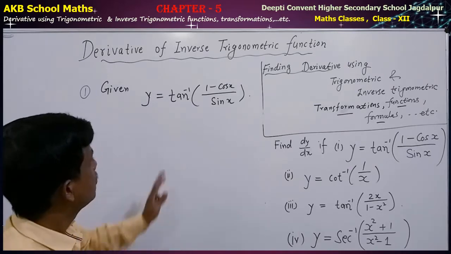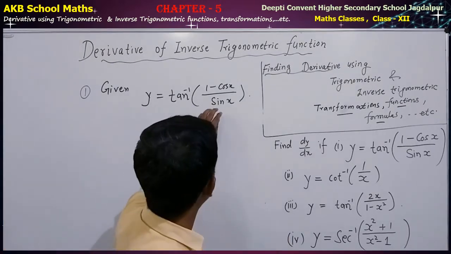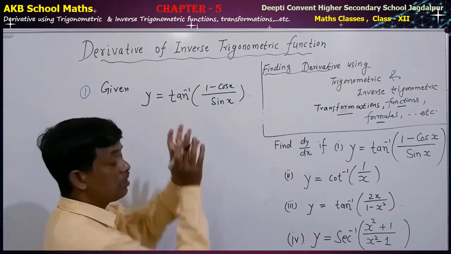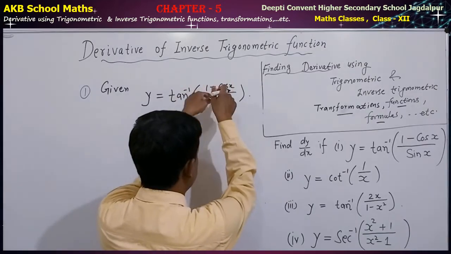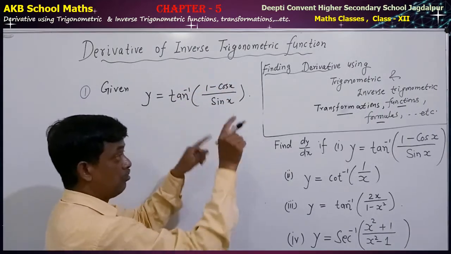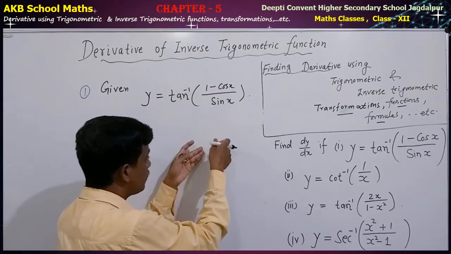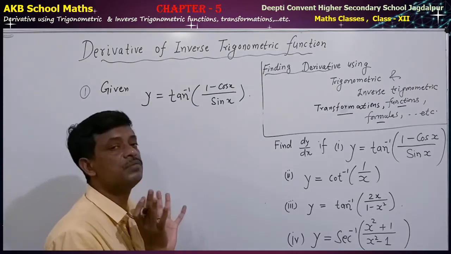So here we are using formulas from trigonometry. By using trigonometry and inverse trigonometry, you know that here we have tan inverse, so we are trying to get tan in between, and now you use formulas of trigonometry and try to convert this in terms of tan. Then tan inverse and tan can be cancelled out and we can get the simplified value.